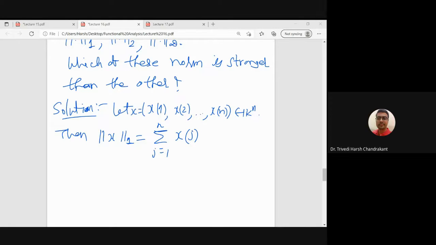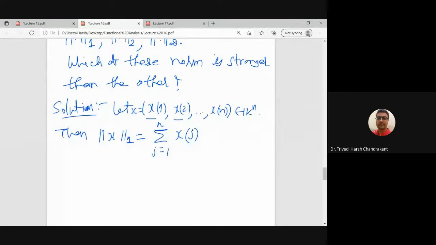See, first you understand which space you belong to, right? You are not taking sequences, so you should not talk about series. What I am saying is here we are taking only n coordinates, 1, 2, 3 up to n. If you add n coordinates, it will always be a finite number.